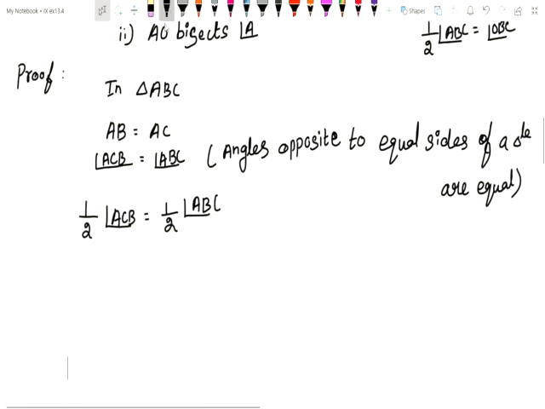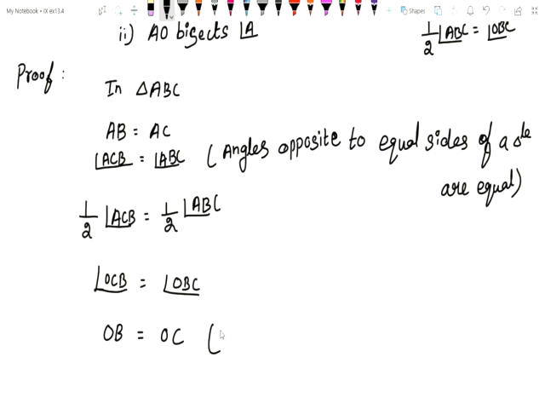Angle OCB equal to half of ABC, which we call angle OBC. Now the side opposite to angle OCB is OB, equal to the side opposite to OBC, which is OC.